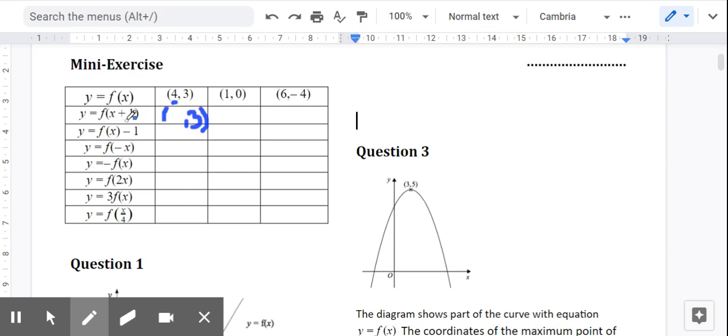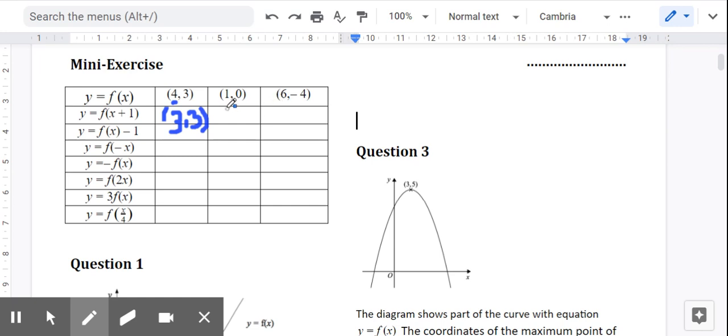So it's add 1, so instead of adding 1, I'm subtracting 1. 4 take away 1 gives you 3. So that's where the new coordinate would be. The coordinate (4, 3) would have been transformed into (3, 3), which means it's translated left.